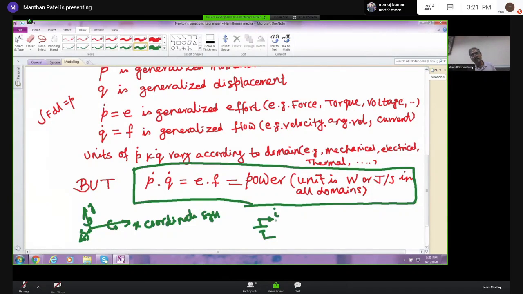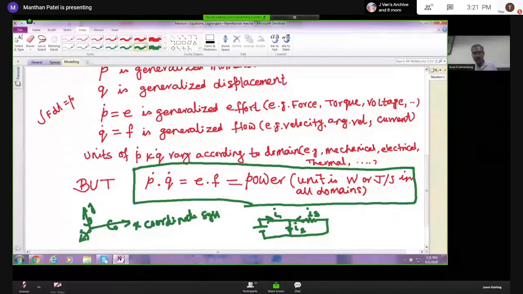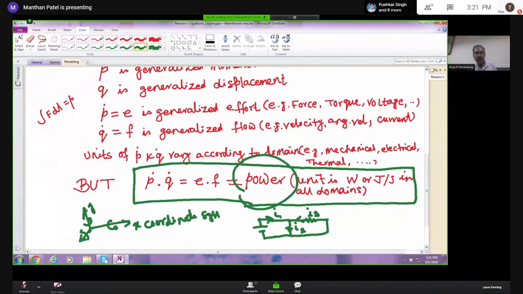We say current like this is positive, let's say I1. Then you have something here, I2. Then here this is I3. Maybe this way I have taken positive. So some direction I have assumed as positive, that is my coordinate system. So in every domain the coordinate system is changing, and the variables are changing. That creates a big problem. Therefore, power is an interesting quantity which is common across all domains.